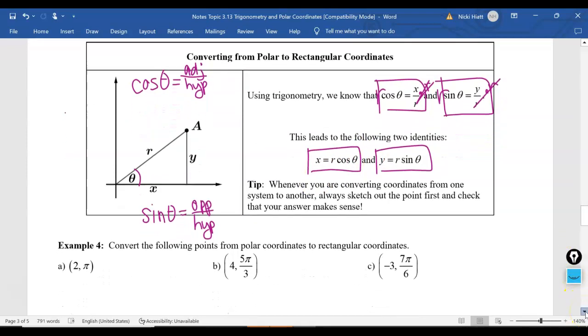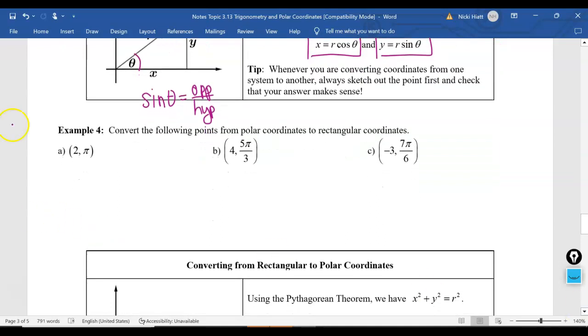So let's look at what that looks like with some examples. If I have (2, pi), then in this case I want to say x equals the radius times cosine of my angle, which is pi. They'll be giving us things that are on the unit circle. So the cosine of pi, when we're thinking about that unit circle, is going to be -1.